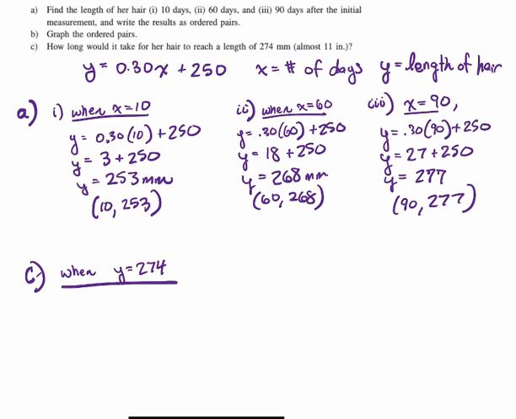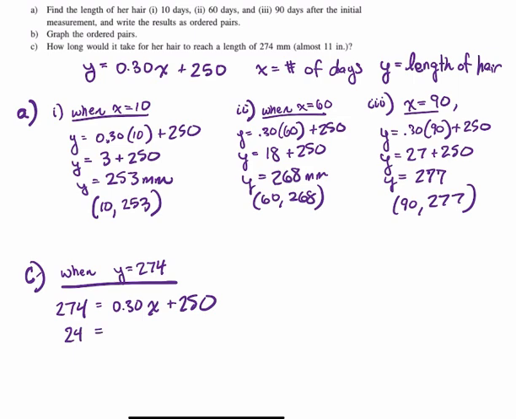So y is on the left side, 274 equals 0.30x, this time the x stays there, plus 250. Now let's just solve for x, and that will tell us how many days have passed. So I would subtract the 250 over: 274 minus 250 is 24.